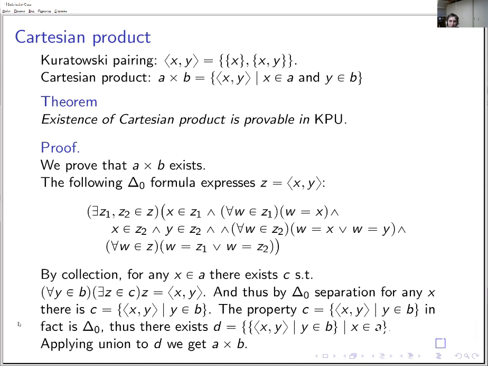Of course, for X and Y, we have this pair.